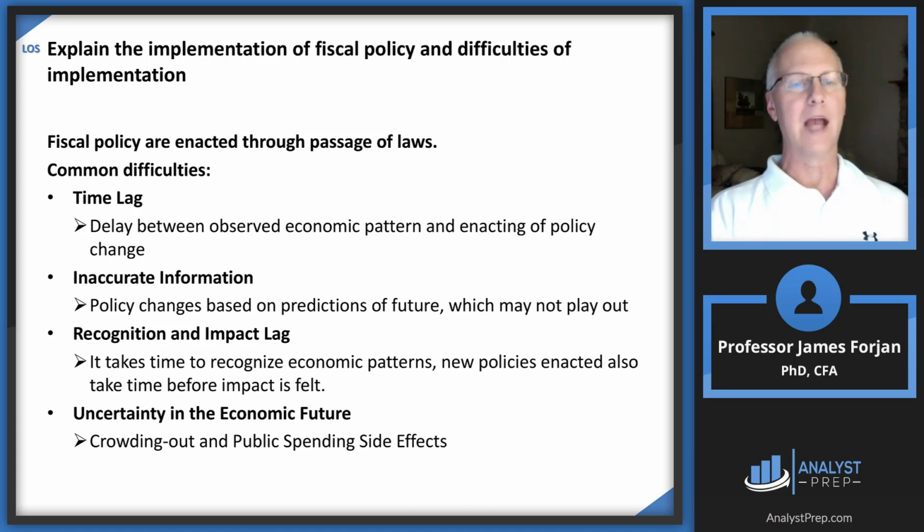Boy, there can be inaccurate information. I mean, think about all of the millions, billions, trillions of bits of data that go into fiscal and monetary policy. There's bound to be inaccuracy. And then, of course, there's this crowding out. So when the government spends money and when it invests, it's crowding out other investors and other spenders. And this is a side effect.